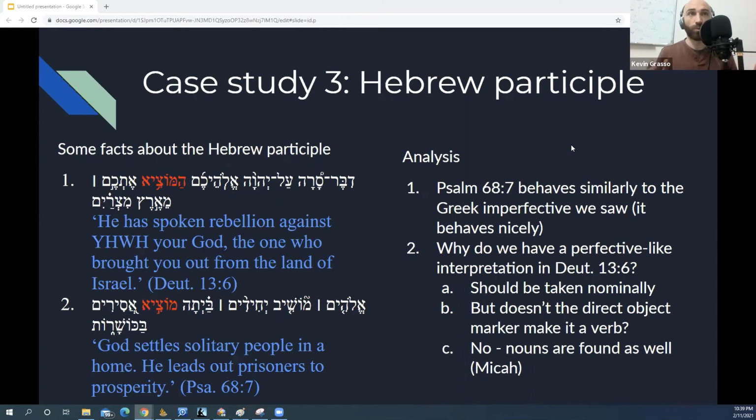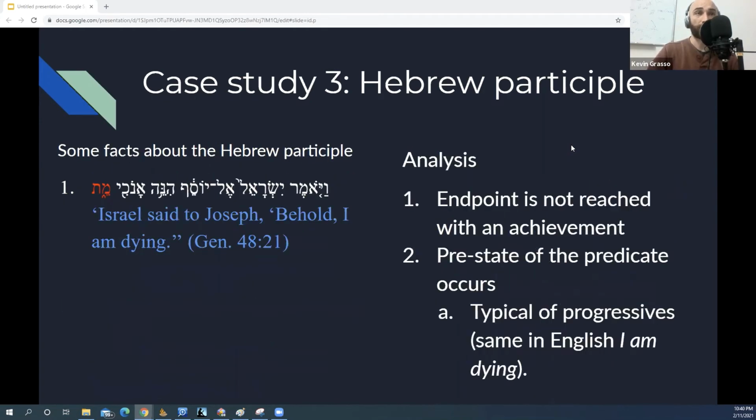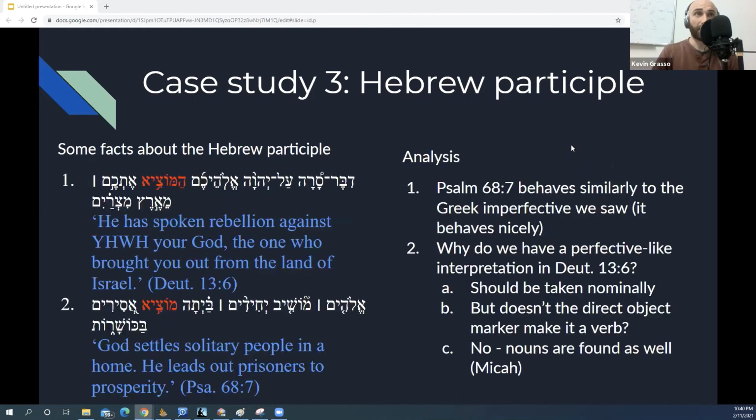So the whole point is that you have to pay careful attention not just to what the verb form is doing, but also to where the verb form is found and what its syntactic environment is. If we say 1 is not parallel to Kine Anochi Met because we have the definite article, then it solves our problem.